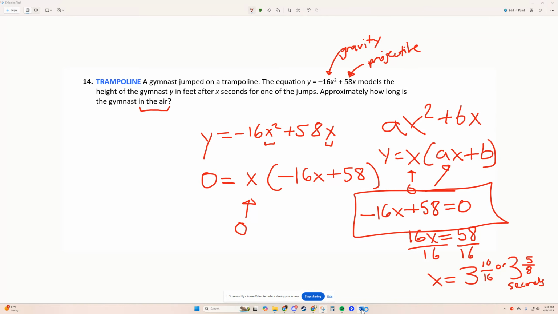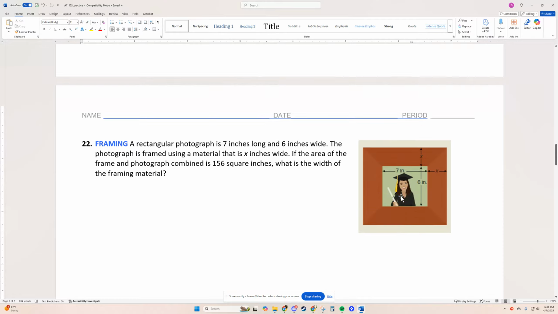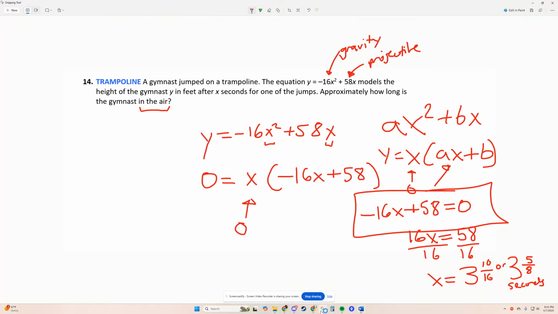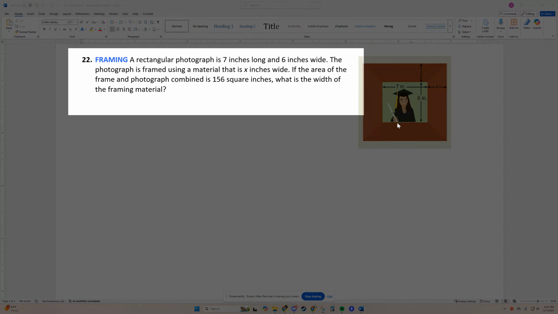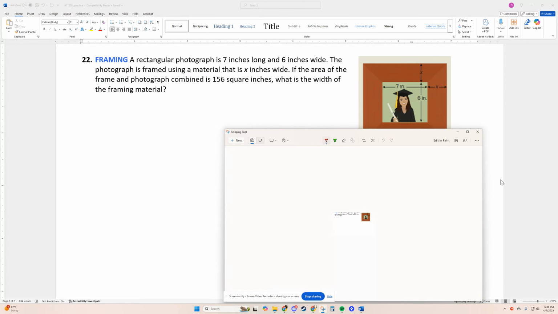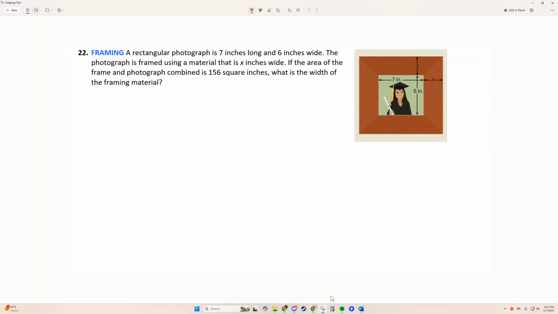Let's look at the other number, 22. Okay, let's open this up. If the total area, okay, so what's the length of this? Well, that's going to be x, x, 2x plus 7, right?